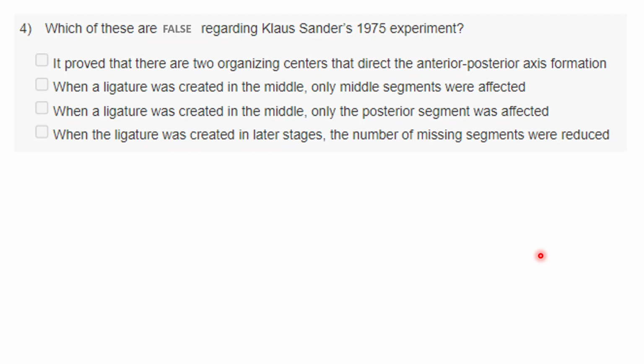Okay, I can see your answer already. You are saying statement 1 and statement 3. Statement 1, it proves that there are two organizing centers that direct the anterior posterior axis formation, and number 3, when ligature was created in the middle, only posterior segment was affected. Okay.